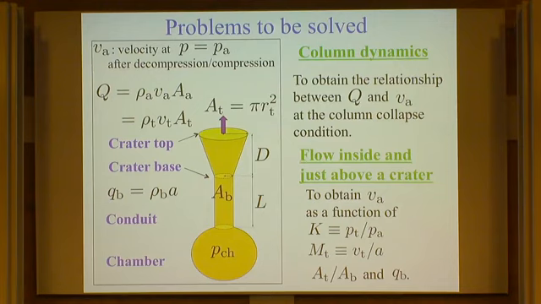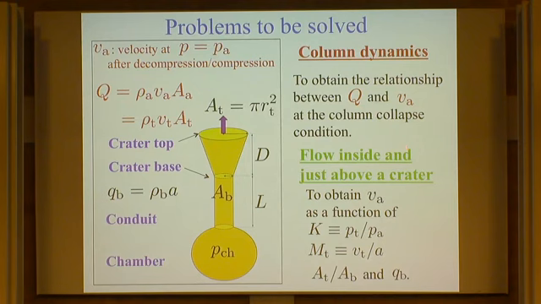Let's start with this first problem. As I said, the subscript is very important to distinguish all these quantities. Let's start with the relationship between magma discharge rate and VA, the velocity after the decompression and compression.